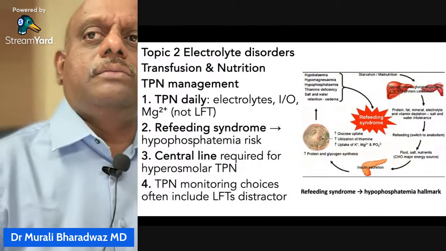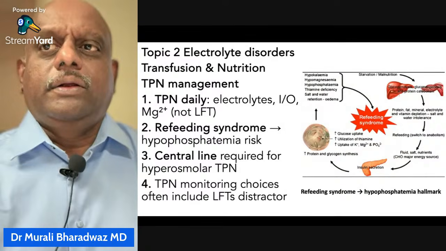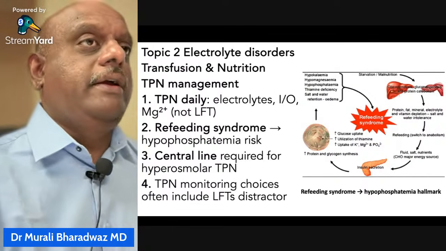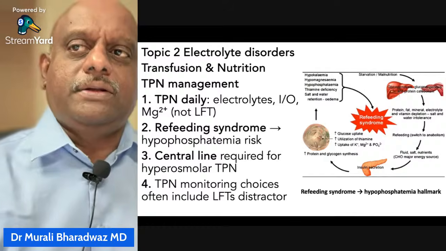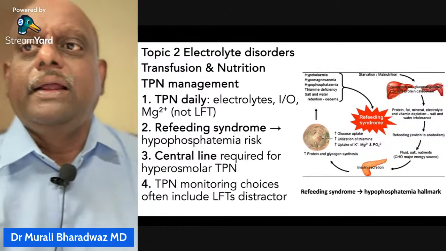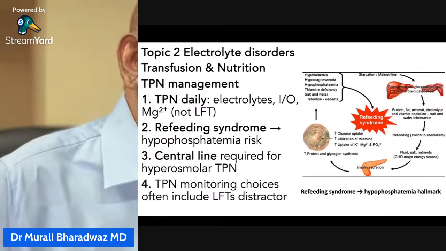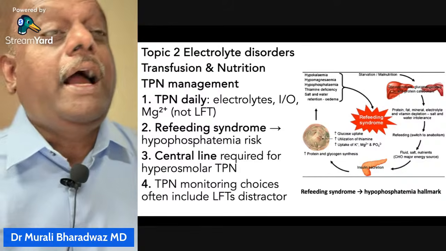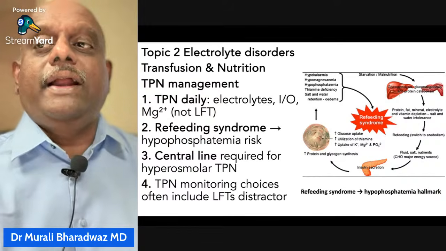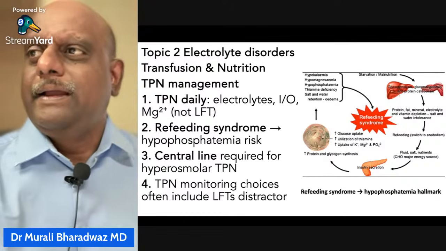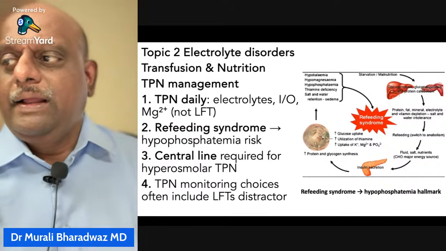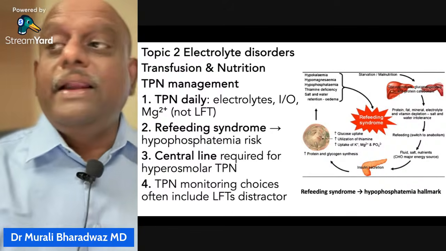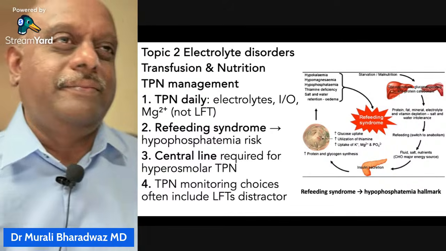Okay. Now, whenever you are giving total parenteral nutrition, right, you need to closely monitor for hypomagnesemia and electrolyte disturbances. Similarly, there is an entity called refeeding syndrome.